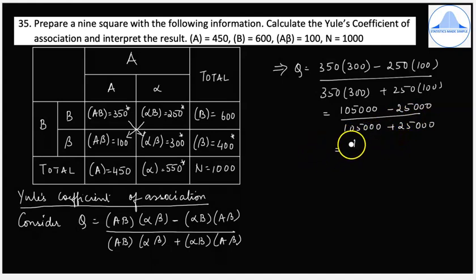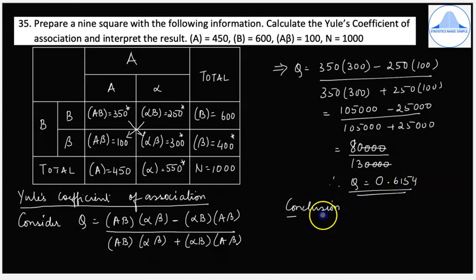So numerator on simplification will give us 80,000 divided by 1,30,000. Therefore, we get Q equal to 0.6154, and the conclusion you can write is the two attributes A and B are positively associated.